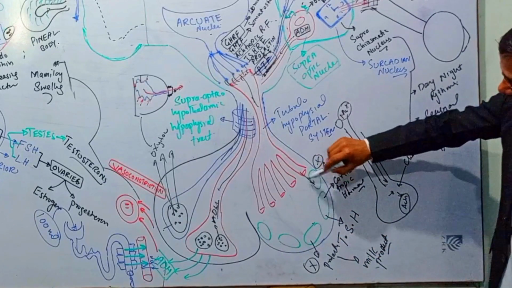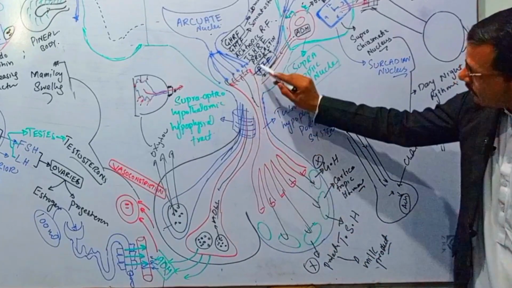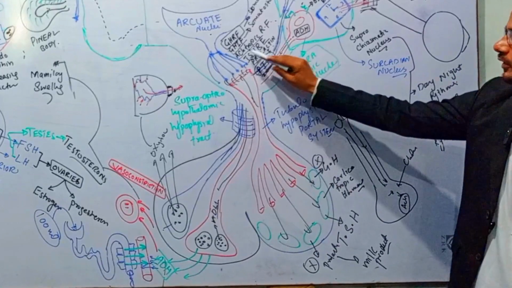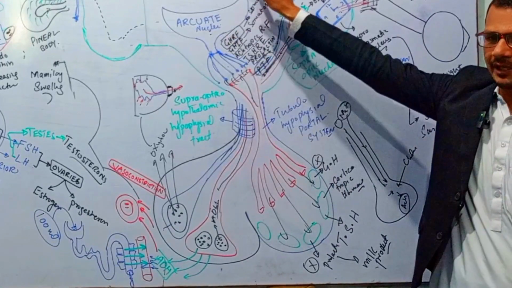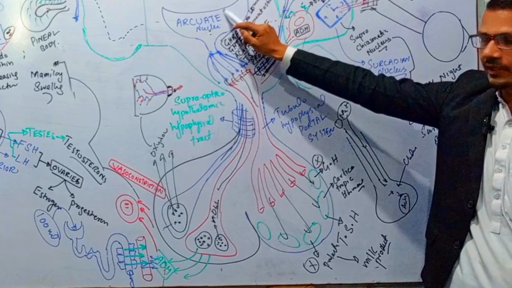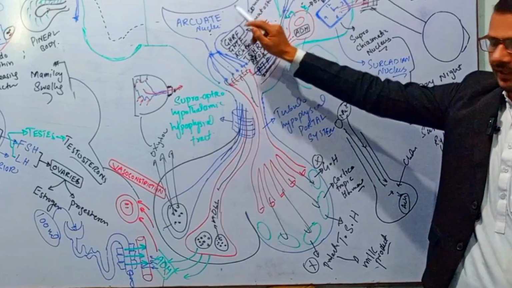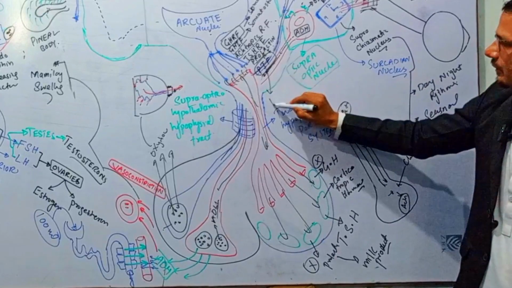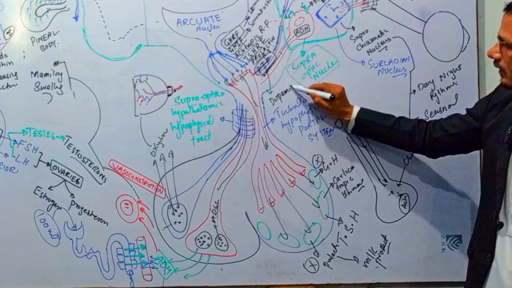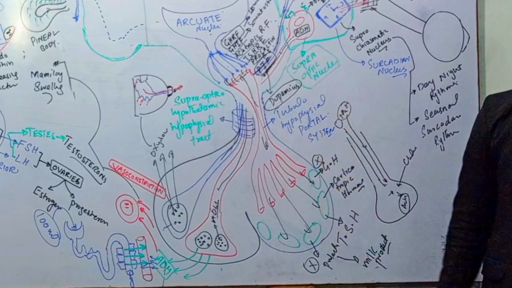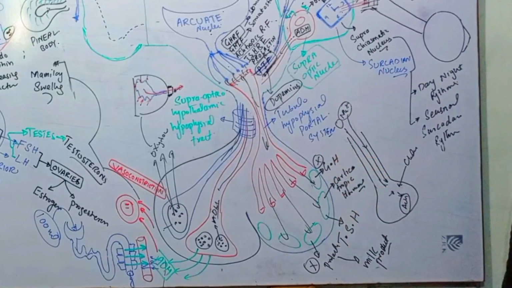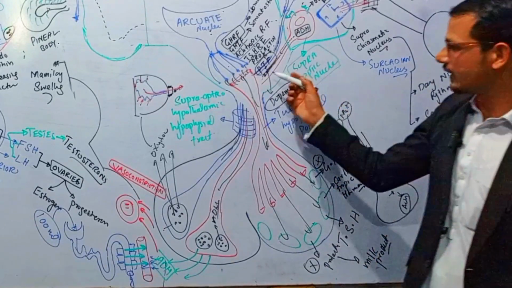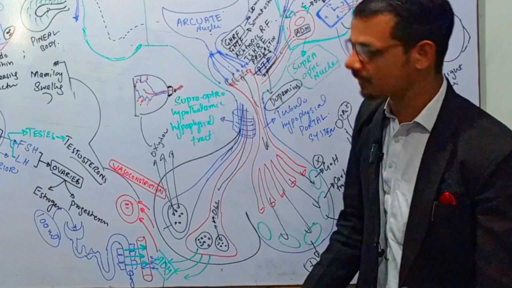These are some important physiotropic hormones produced by the arcuate nuclei of the hypothalamus. And this is very important: these hypothalamic inhibitory factors are actually dopamines. This is under research. Prolactin inhibitory factors are dopamines.